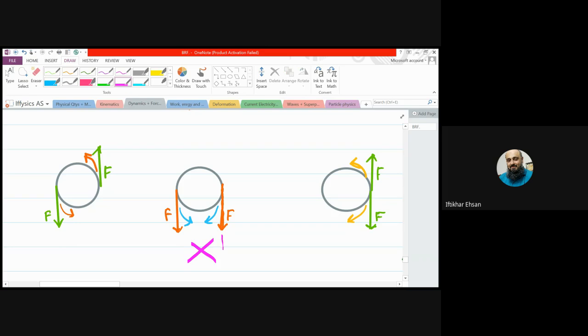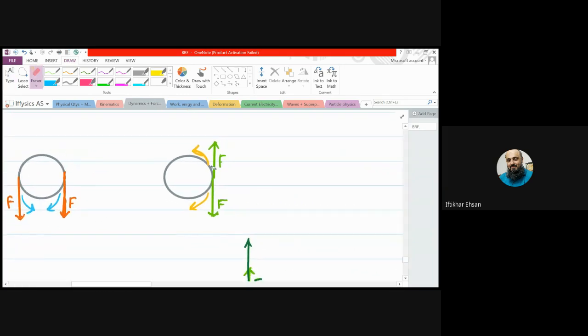Forces in the same direction add to each other. The resultant force is not equal to zero, so linear force is there. The clockwise moment is equal to anti-clockwise, so it is in rotational equilibrium, but not in linear equilibrium. The previous one was in linear equilibrium, and this one is in rotational equilibrium.